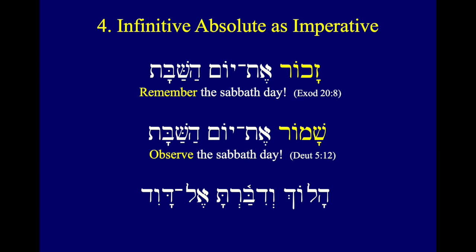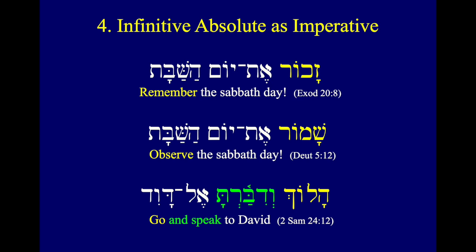Interesting to see, right? So, haloch v'diberta el David. Haloch, that's our Qal infinitive absolute form of halak, to go. So, going, and then v'diberta, from diber, which means to say. So going and saying el David.